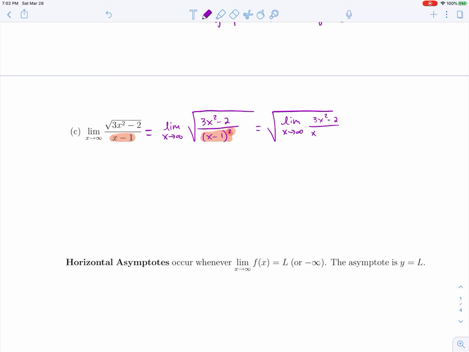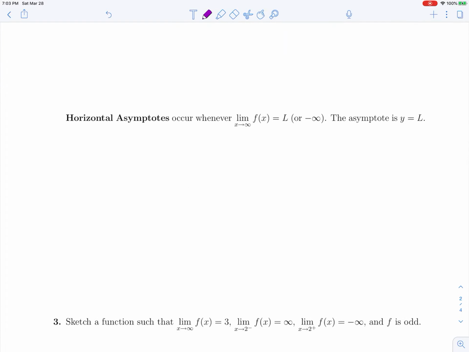I'm going to expand the x minus 1 squared, so x squared minus 2x plus 1. Now if we take the limit inside the square root, I'm going to shortcut it a little bit because we know that it's going to be the ratio of the coefficients when the degrees are equal. And so what we get is the square root of 3 as our limit.